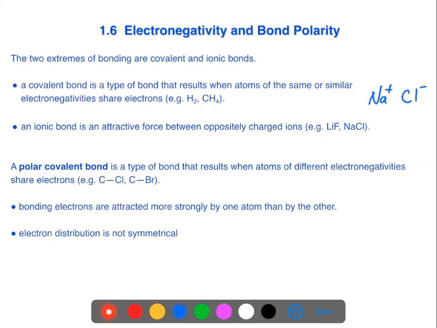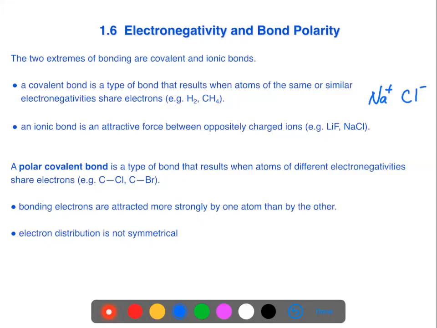And even in the solid form, it's an intricate network structure of sodium and chlorine atoms, but we don't consider the bonding between these elements as being covalent. They're ionic, and partly due to this concept of electronegativity, that their electronegativities are extremely different.